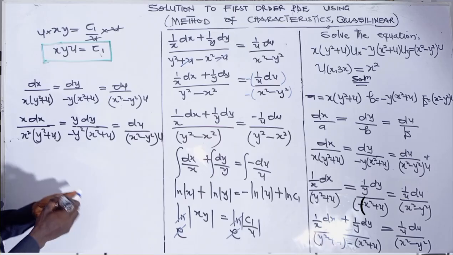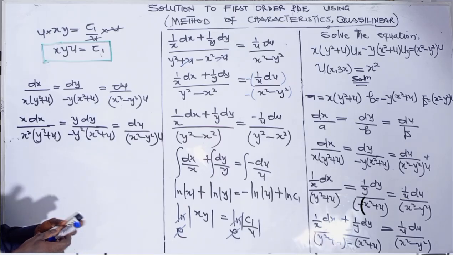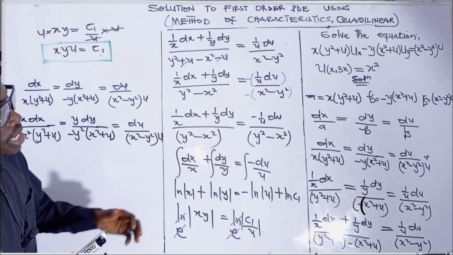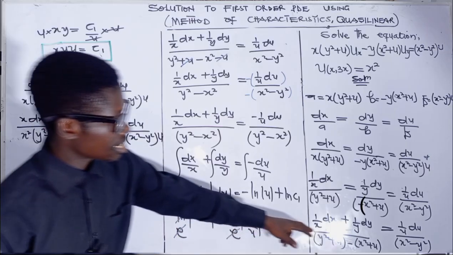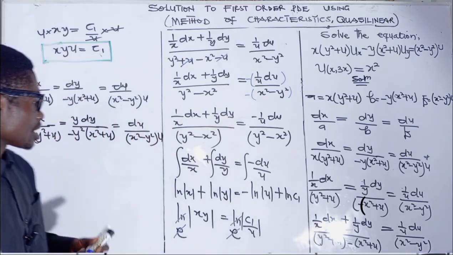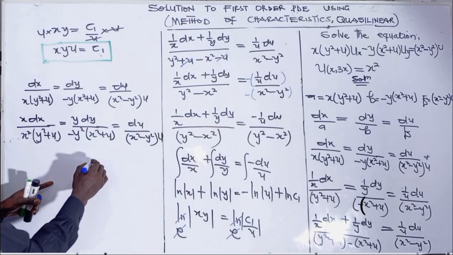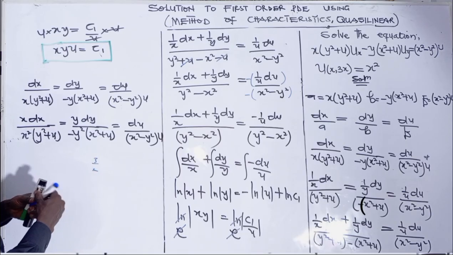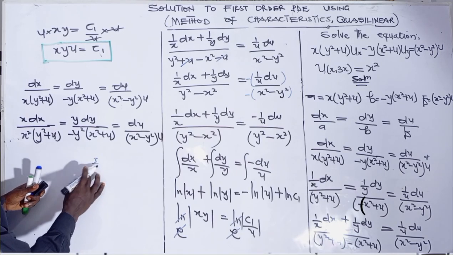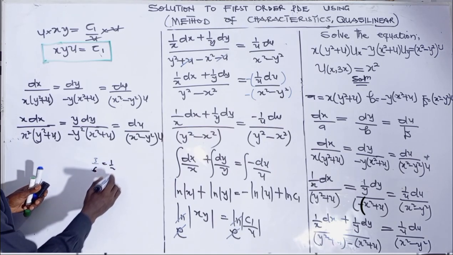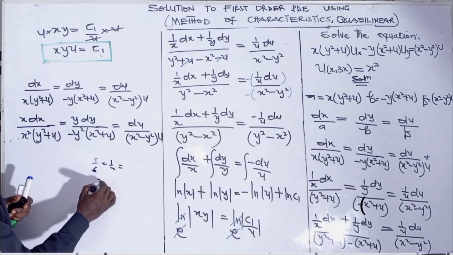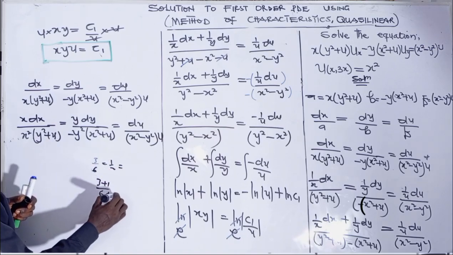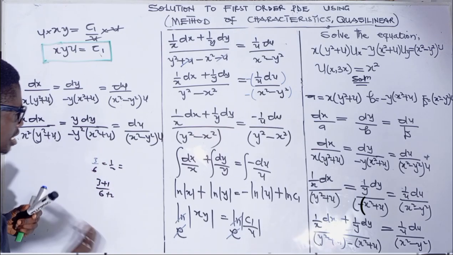Now once we have this, we are going to apply the idea that we used when we were looking at this particular part here. We are going to apply the same concept when you have two fractions and then they are equal, 3 over 6, and then 1 over 2. We are going to add them to get what? 3 plus 1 all over 6 plus 2. So we are going to apply the same concept here.